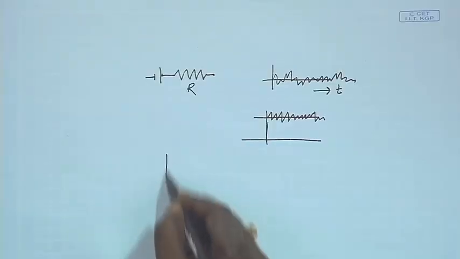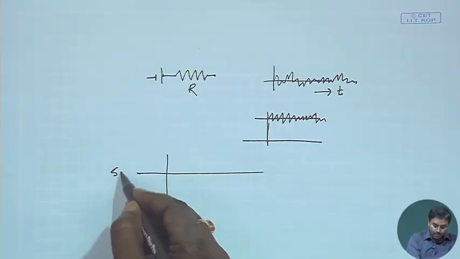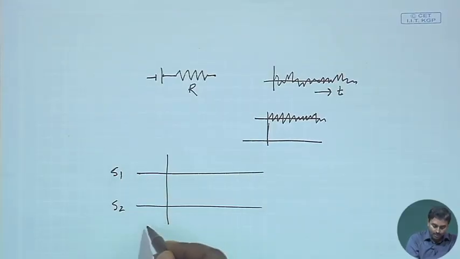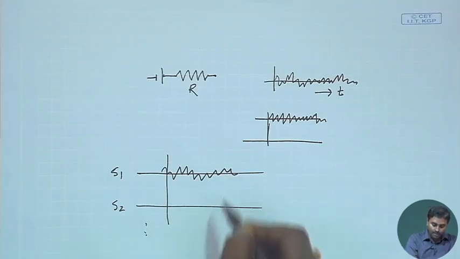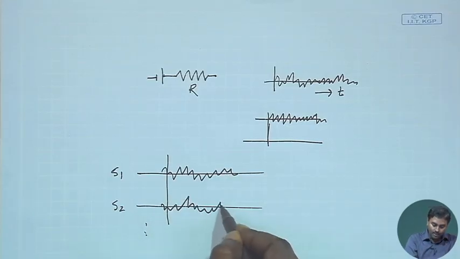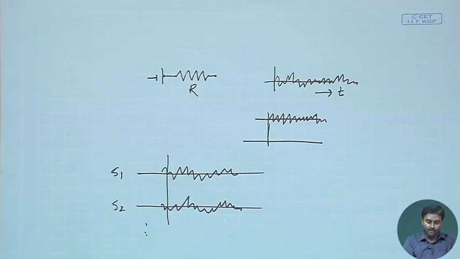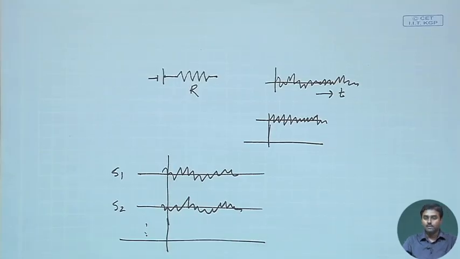We will see every student recording a different current pattern. Suppose this is for student 1, this is for student 2, and so on. You will see a similar kind of current pattern, but with different random variation recorded by different students.